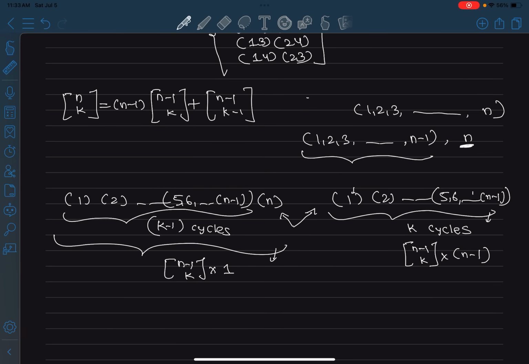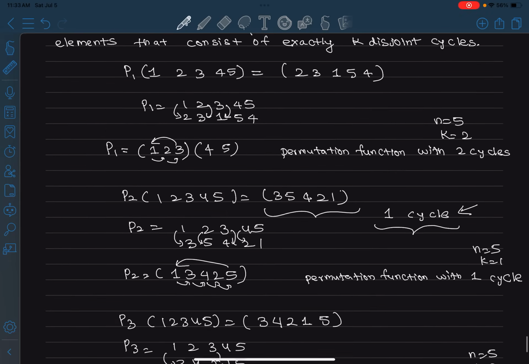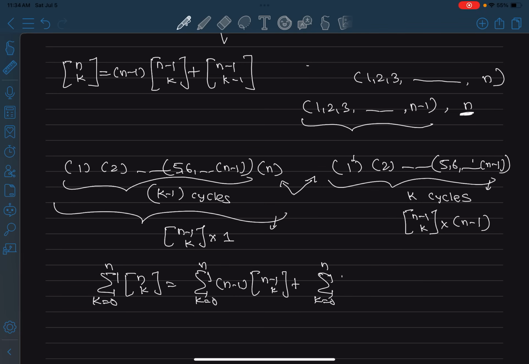Now we're going to use this recurrence to derive this formula. Let's see if you can do that. We are going to sum all of them from k equals 0 to n. Sum from k equals 0 to n minus 1 of the n minus 1, k term, and sum from k equals 0 to n minus 1 of the n minus 1, k minus 1 term.